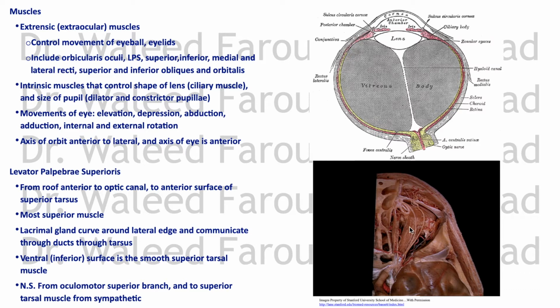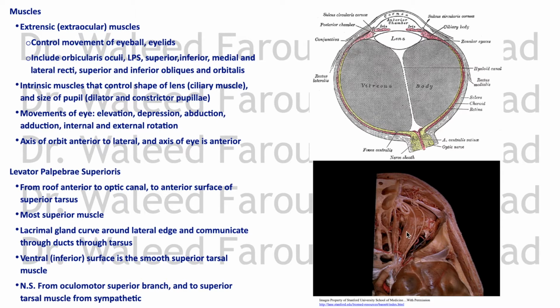And the movements they produce on the globe are elevation, depression, adduction towards the midline, abduction away from the midline in the horizontal, and internal rotation and external rotation. These are the movements occurring at the eyeball.